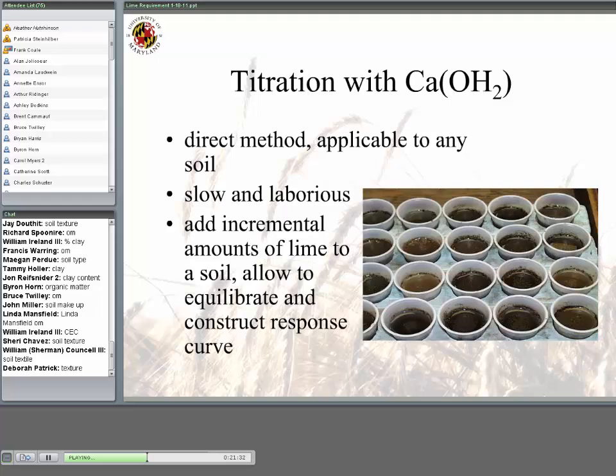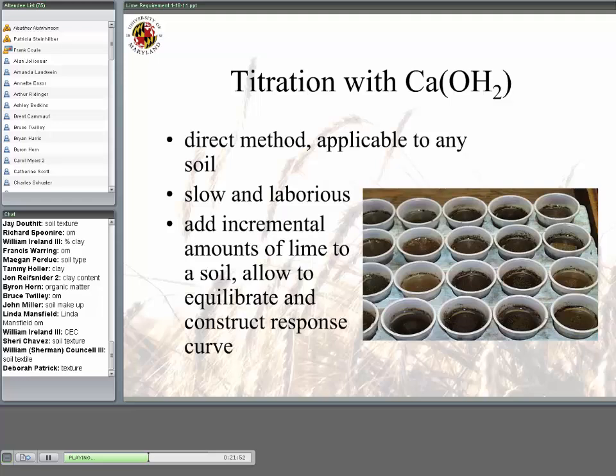All right? And the procedure that I'm showing here is the one that is still used by LSU, Louisiana State, and essentially their protocol says that you let the lime equilibrate with the soil for about 24 hours.